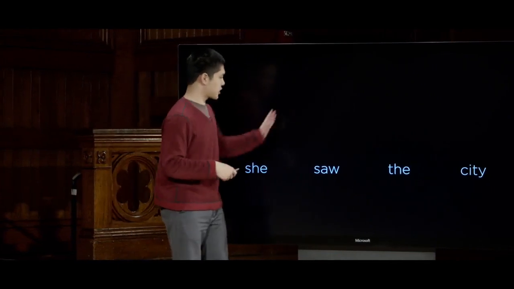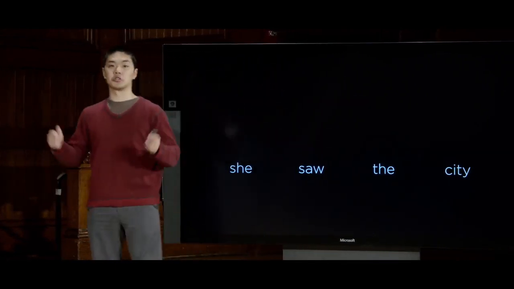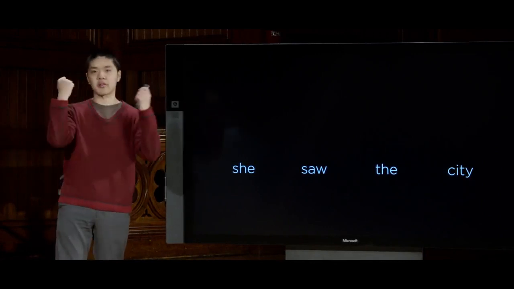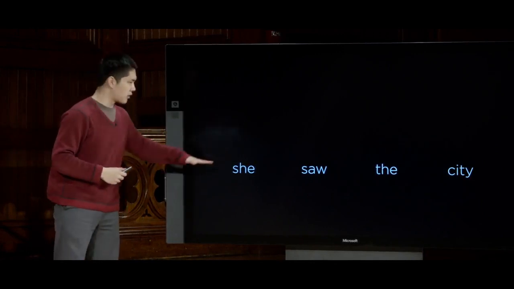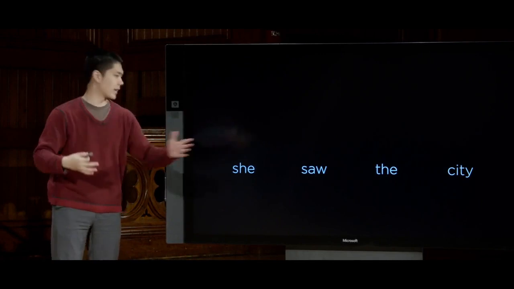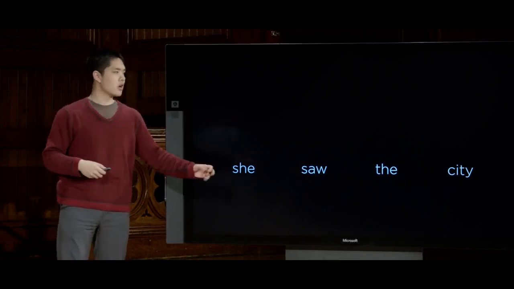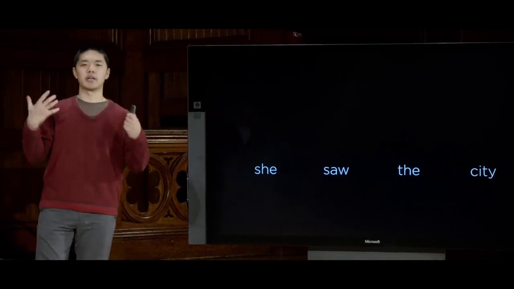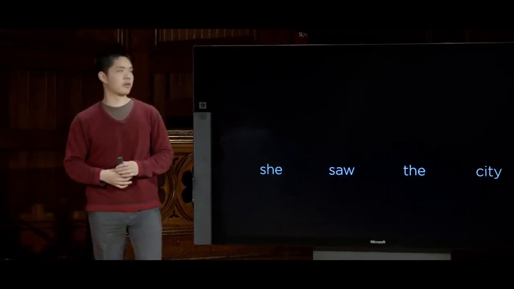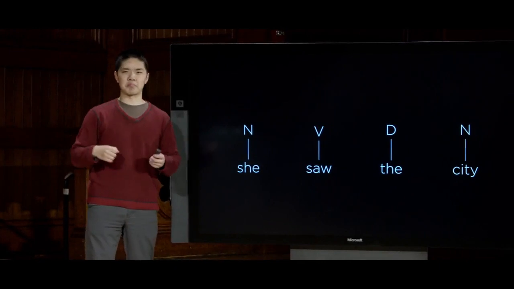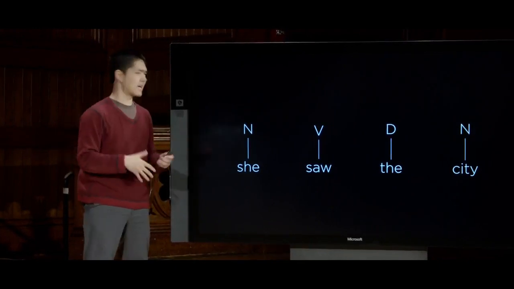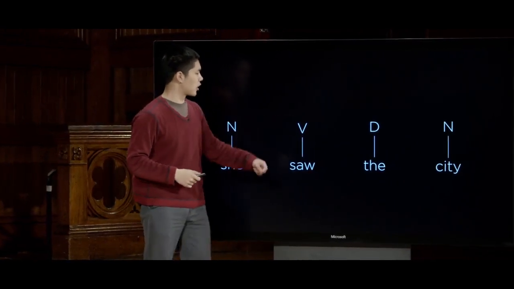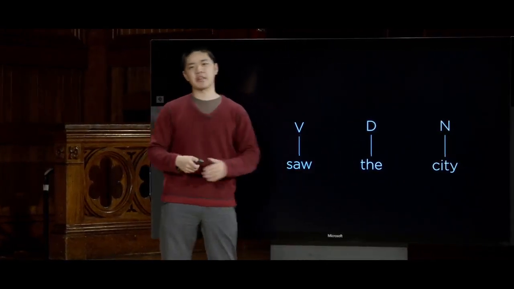Each of these words, "she saw the city," we are going to call terminal symbols. They are symbols in our language where each of these words is just a symbol, where this is ultimately what we care about generating. We care about generating these words. But each of these words we're also going to associate with what we're going to call a non-terminal symbol. And these non-terminal symbols initially are going to look kind of like parts of speech, if you remember back to English grammar, where "she" is a noun, "saw" is a V for verb, "the" is a D. D stands for determiner.